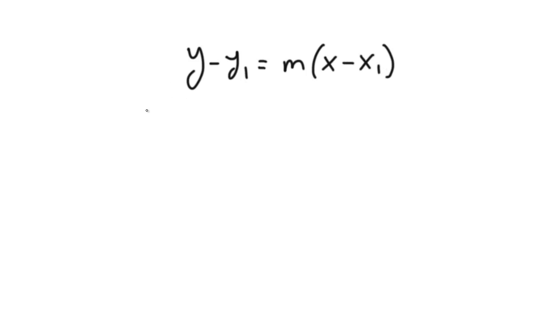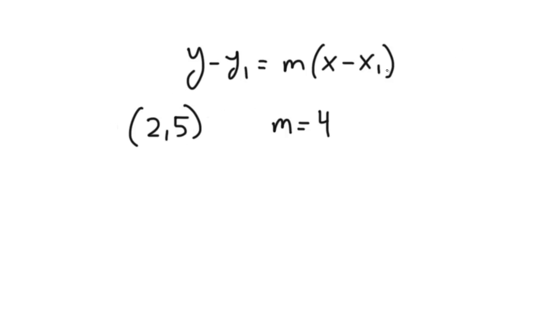Alright, so the other form is the point-slope form, which is written out as y minus y1 equals m times (x minus x1). You use this when you're given a point. So let's say you're given (2, 5), and you're also given the slope. Let's say the slope is 4 here. So once you're given a point and a slope, you can plug it into this point-slope form to write an equation for the line.